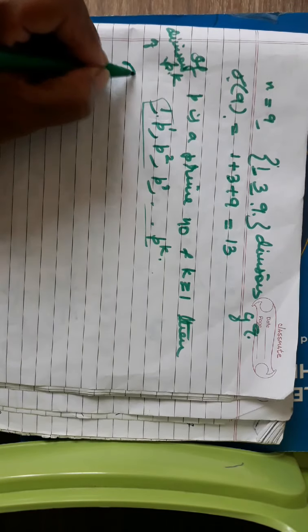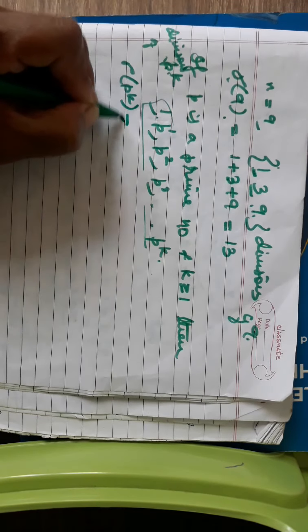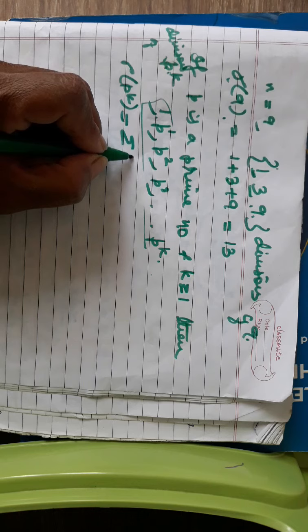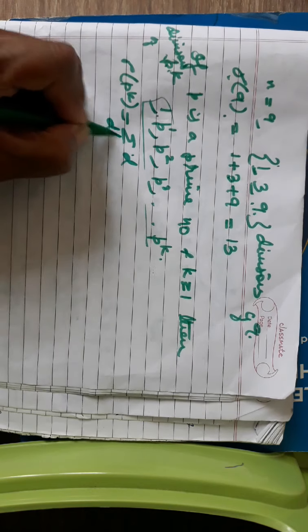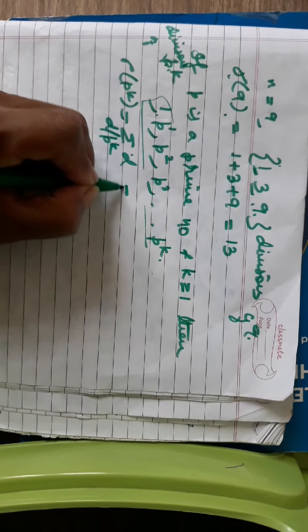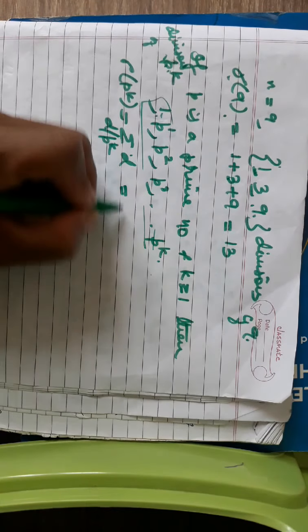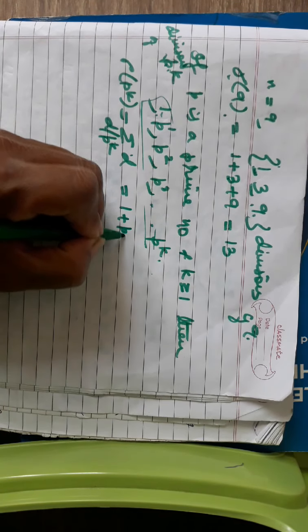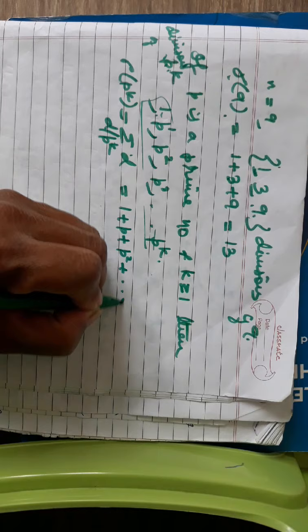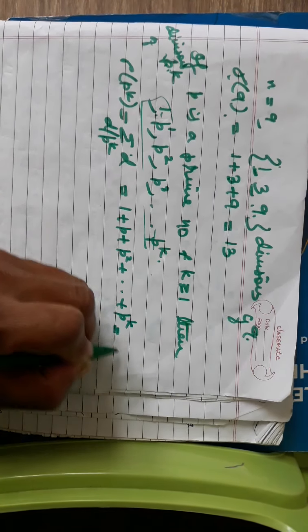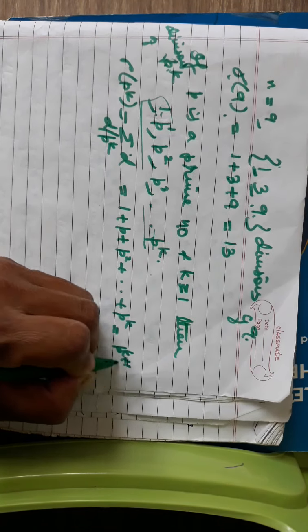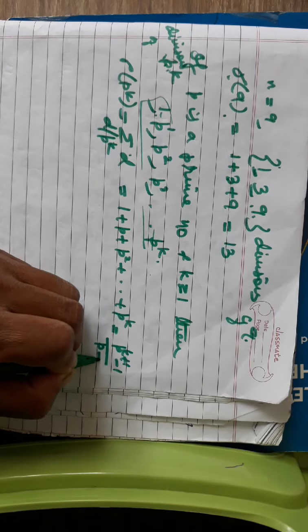So sigma of p to the power k, by definition, is the summation of d, where d runs over the divisors of p to the power k. That is 1 plus p plus p squared plus and so on up to p to the power k, and the formula for this is p to the power k plus 1 minus 1 divided by p minus 1.